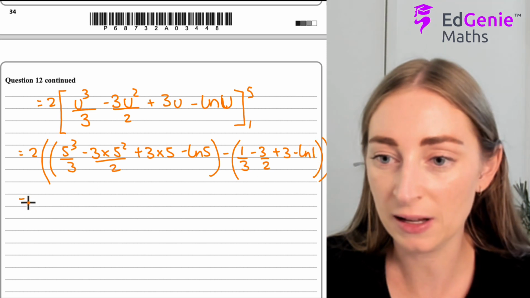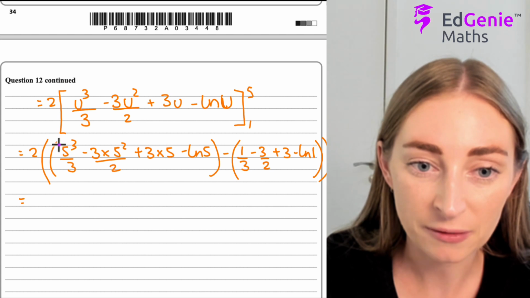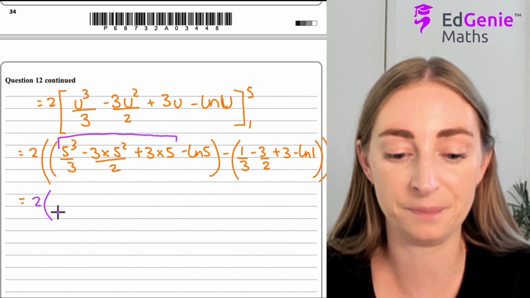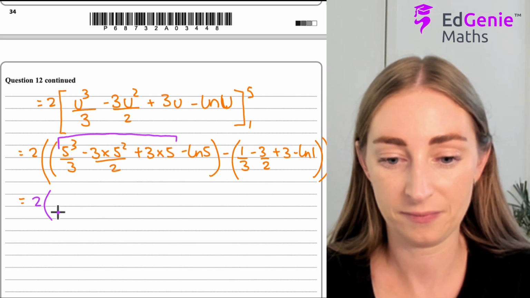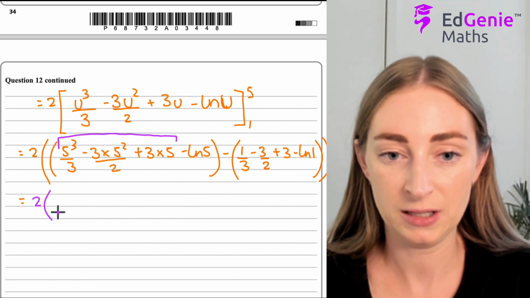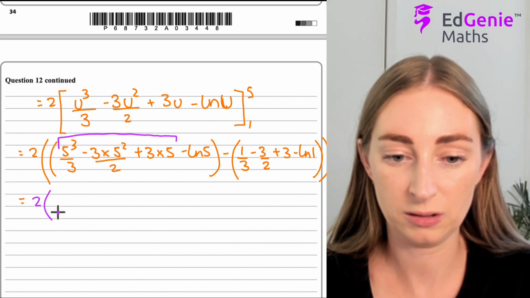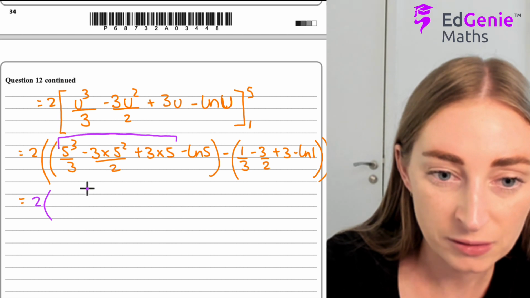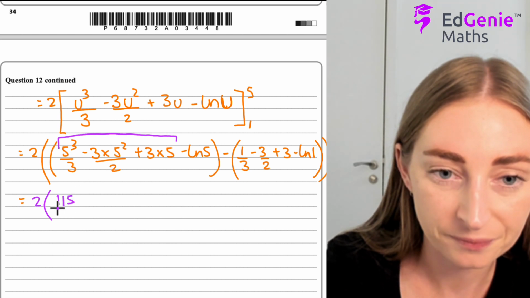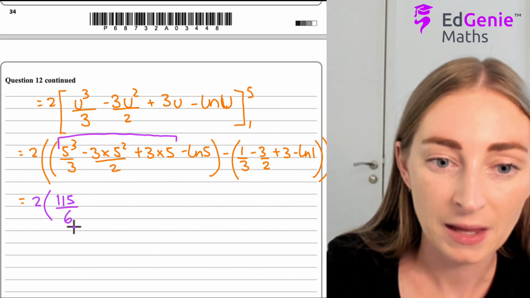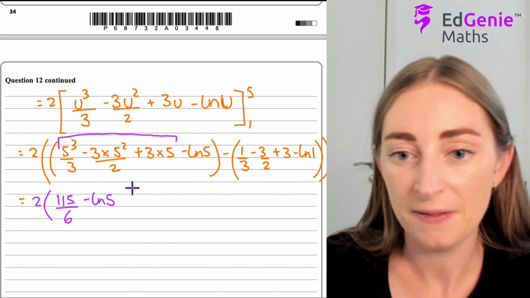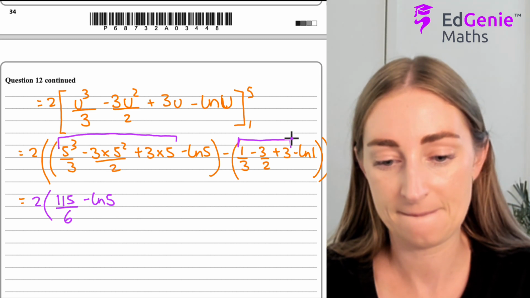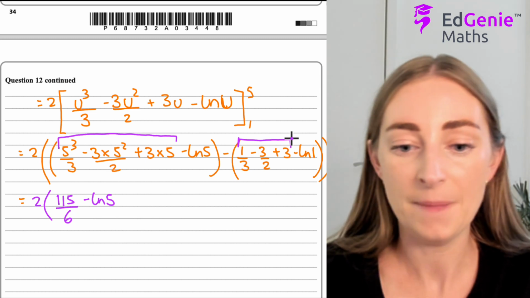Now let's do some simplifying. So these 3 terms I'm going to put into my calculator all in one go. Three times 5 squared over 2, plus 3 times 5, is 115 over 6. Yeah, minus ln 5. These 3 terms, if I put them into my calculator, is 11 over 6.